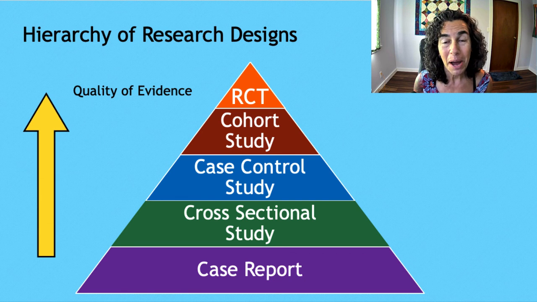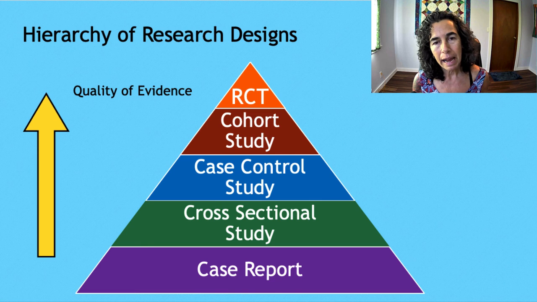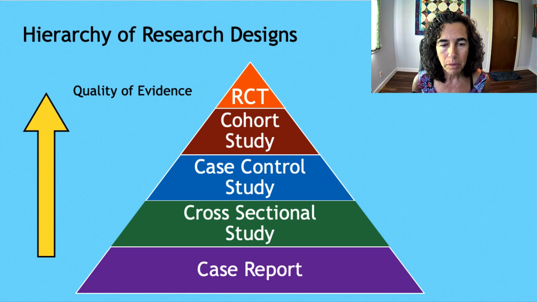Okay, so we're going to be using this pyramid over and over. This is your first exposure to it. It's a hierarchy of research designs. What does that mean? It means which one results in the strongest, most credible evidence at the end of the day. At the top, what we call the quote-unquote gold standard, is the randomized controlled trial.